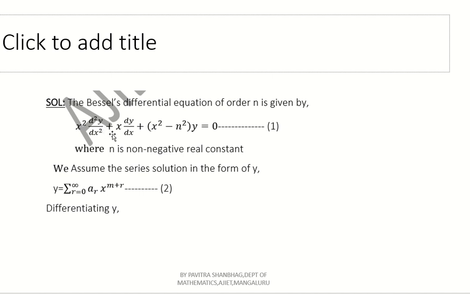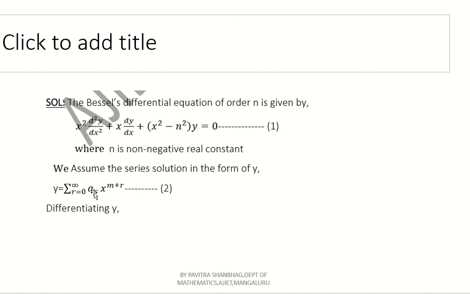Now first we have to assume the expansion in the form of a summation. Let y equal to summation a r x power m plus r, from r equal to 0 to infinity. Put r equal to 0, the first term is a naught x power m.